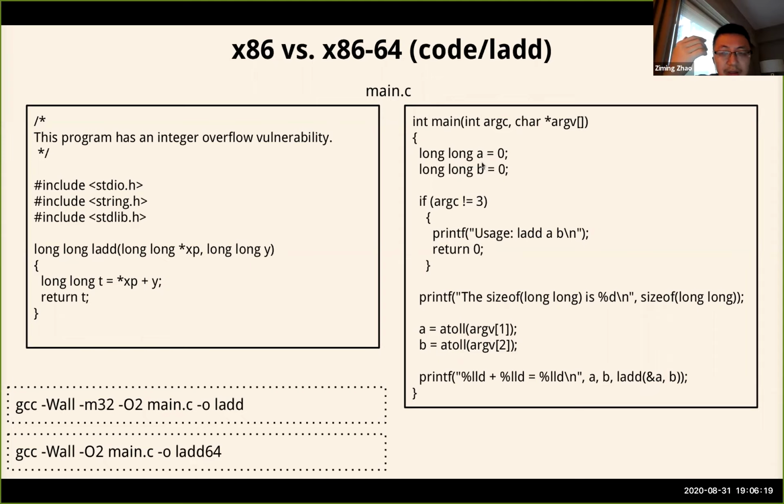So let's say we want to compile this into a 32-bit program, and we also want to compile this into a 64-bit program. Then let's see how they are different. As you can imagine, for a 32-bit program, the registers are only 32 bits, so the register is not big enough to store the 64-bit value a.